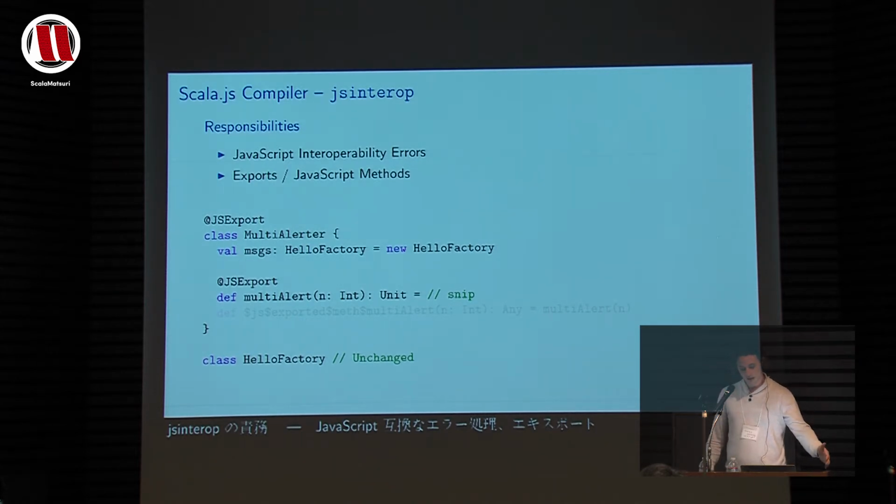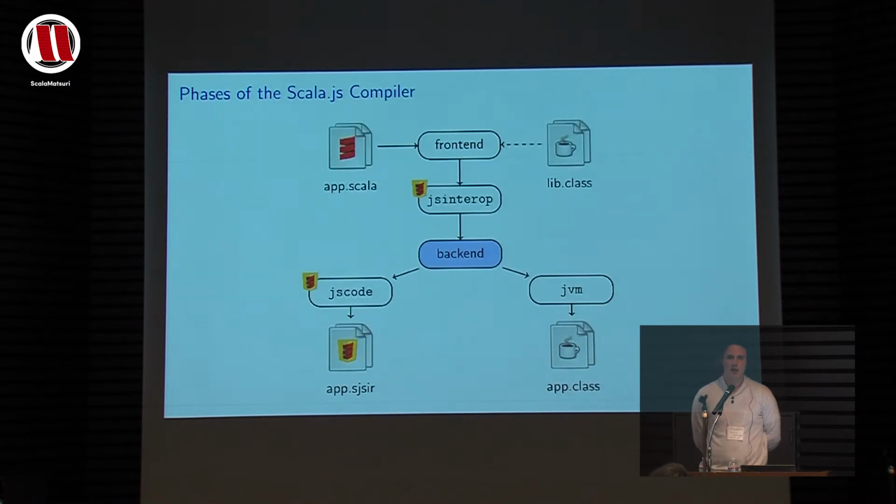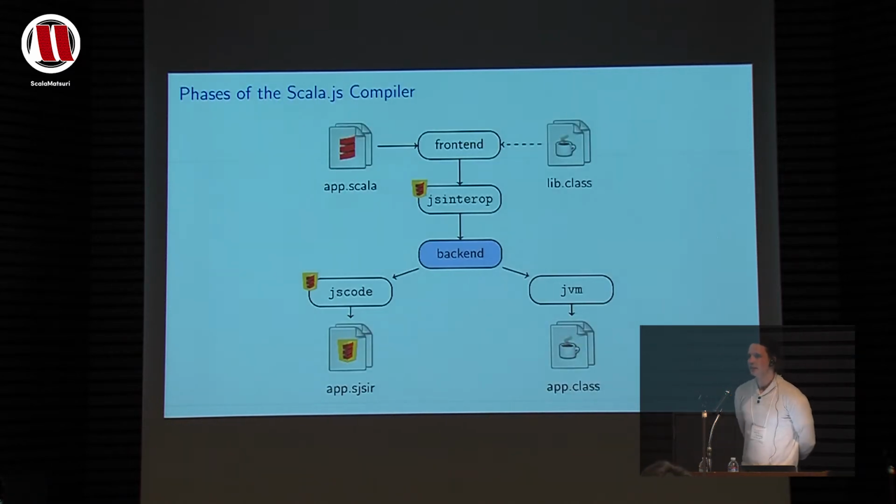So that later phases can properly handle that, we create this synthetic method forwarder here. We can say, hey, by the way, there's an exported method here. You can see this in the name, it's exported, its name is multiAlert. And yeah, we will catch that in a later phase to then generate the actual exported method, as we'll see later. HelloFactory is unchanged because it doesn't contain anything Scala.js specific. The backend, I said, simplifies code.